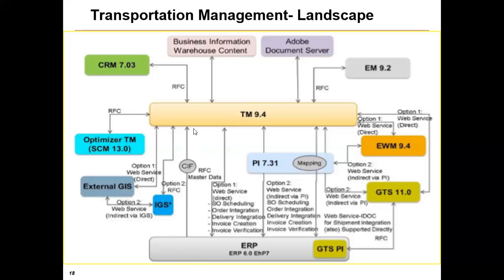It is not a bidirectional operation, but most of the other operations are bidirectional, because the other operations are transactional data operations. So they are bidirectional data operations, but CIF is a unidirectional data operation. So this is the difference between CIF and the other data transfer systems in this particular landscape.